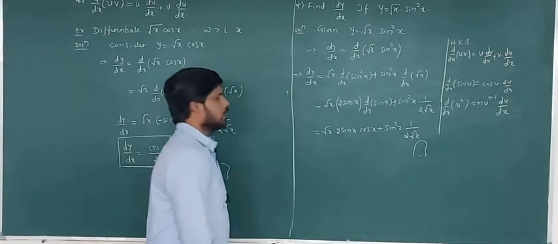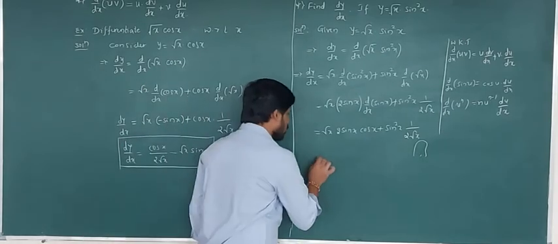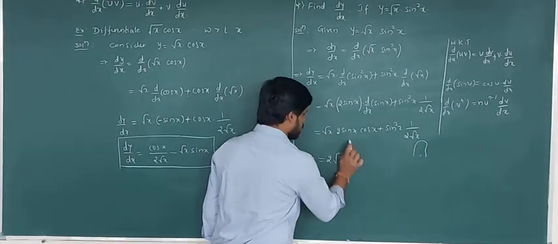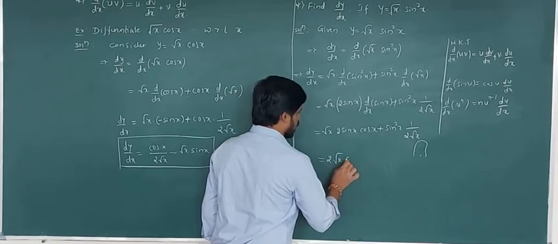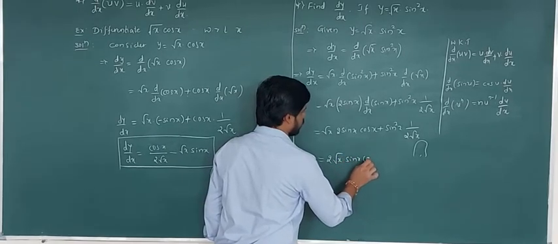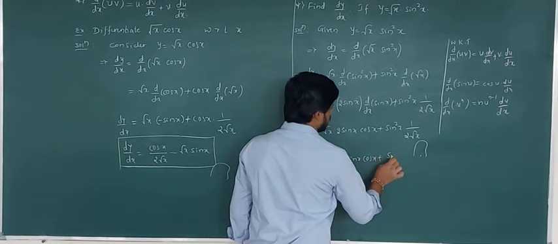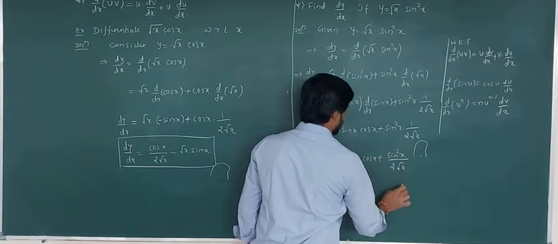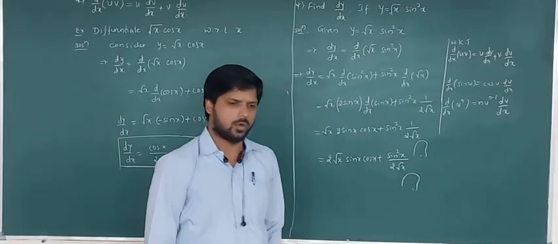This is our required solution, or this can also be written as 2 root x into sin x cos x plus sin square x divided by 2 root x. Okay, note it down.